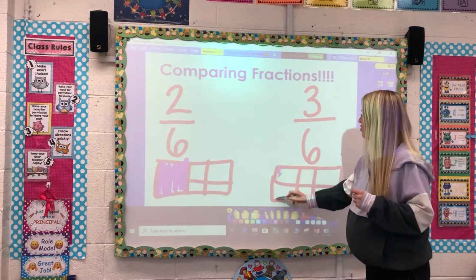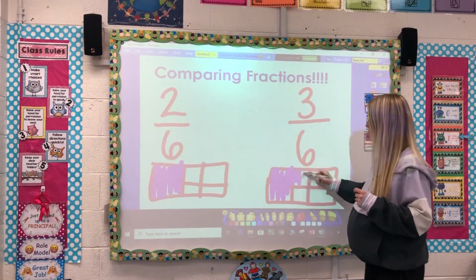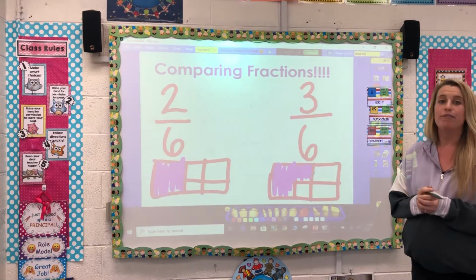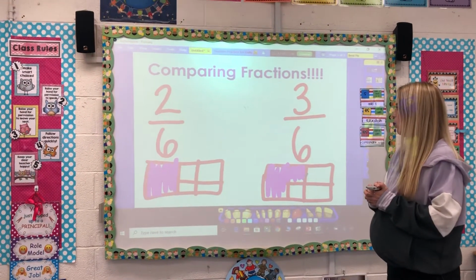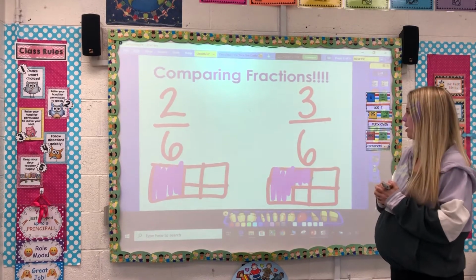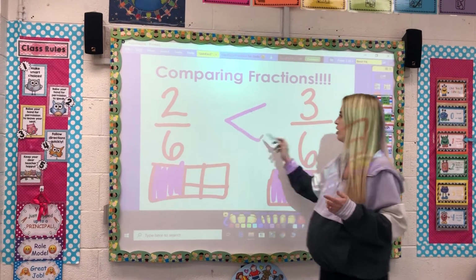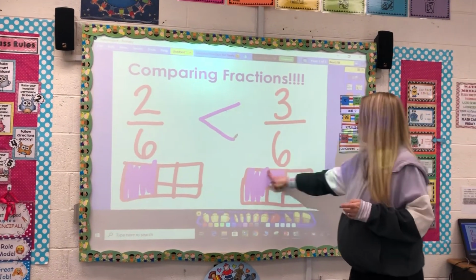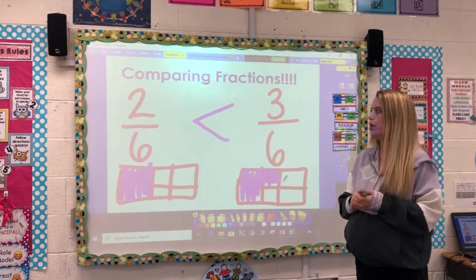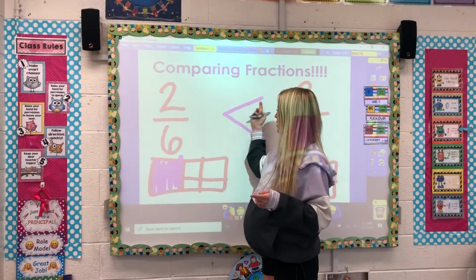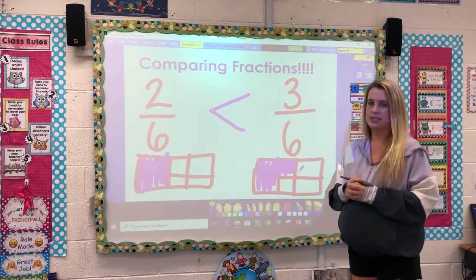This time I have 3 out of the 6. Okay, I've tricked you because we're back to the same denominator. We're back to looking at the numerator, and we know that 3/6 would be larger because 3 pieces of 6 of the same size is larger than 2. So I would read this 2/6 is less than 3/6.